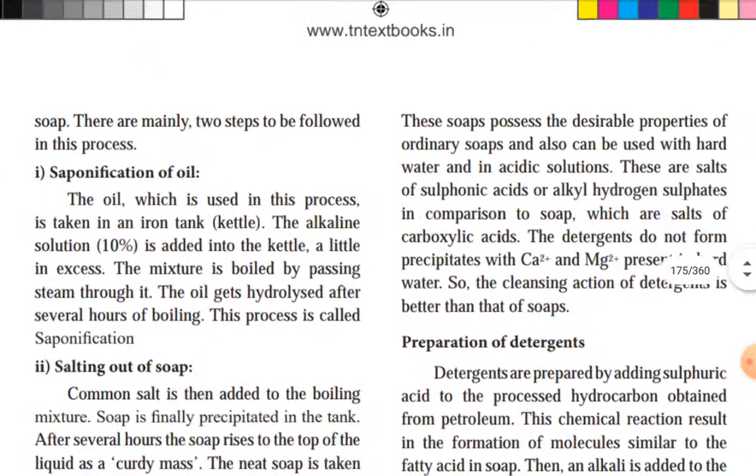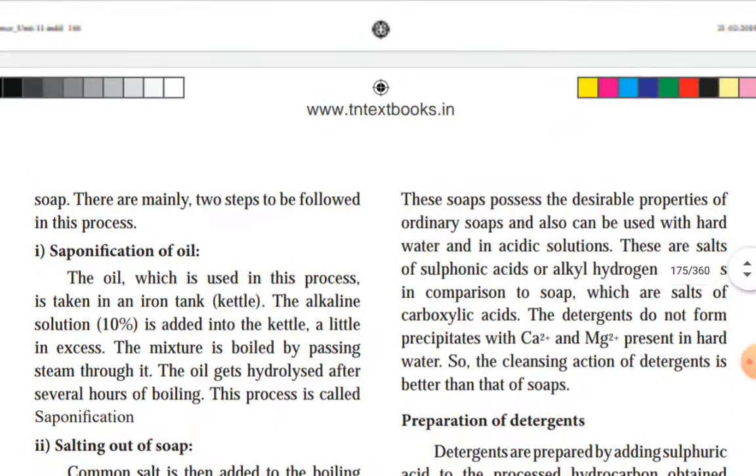In the first step, the oil or fat used in this process, such as coconut oil or animal fats, is taken in an iron tank. It is called a kettle.